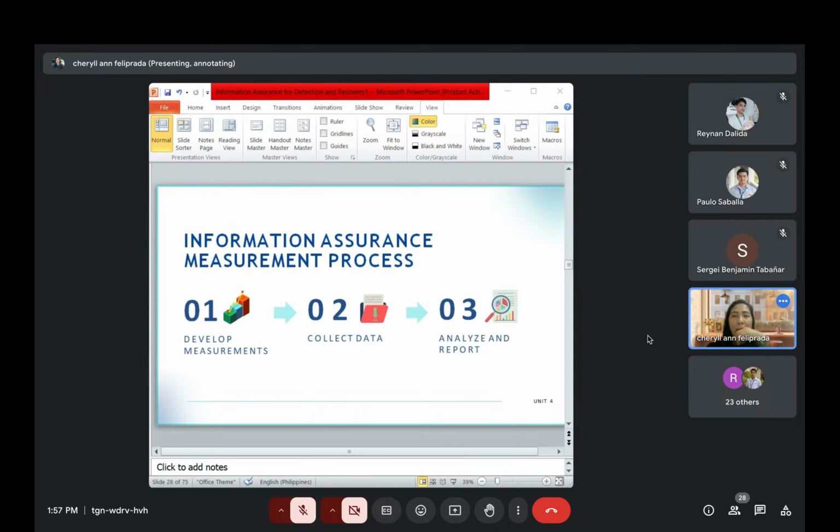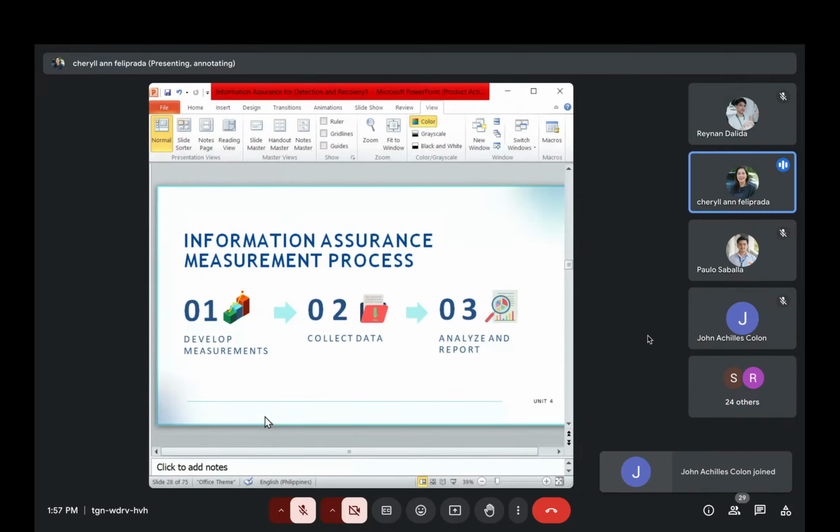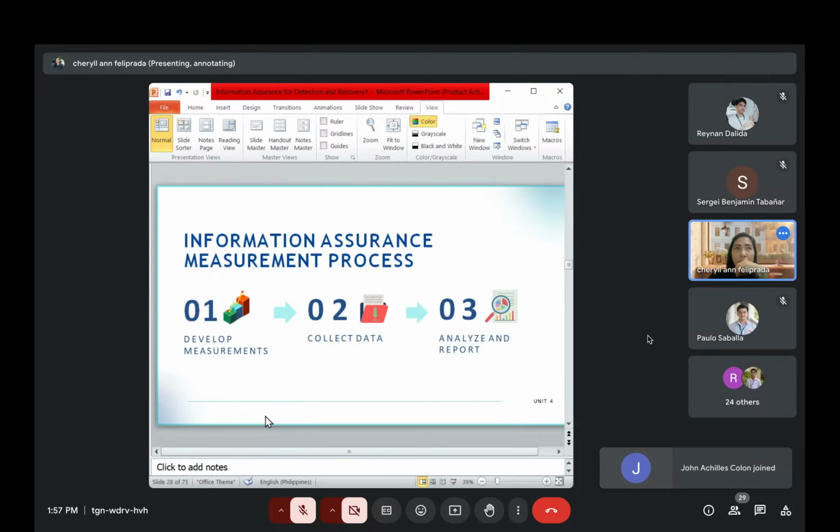Now, what will happen if you only collect the data in the lab? Can we report the correct report if the gathering of the data in the lab is already wrong? Yes, sir.